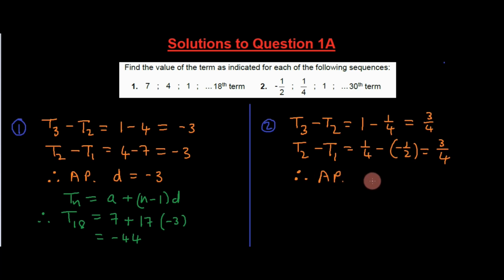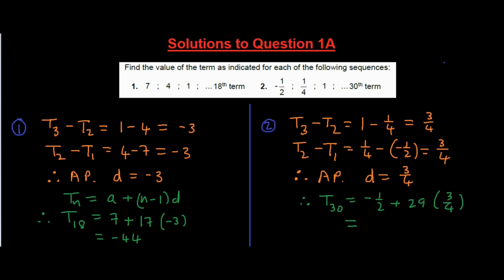And in this case, the common difference D is 3/4. We now use the formula T sub n again, and we want the 30th term, so we want T sub 30, which is A. In this case, A is -1/2, plus n minus 1, which is 30 minus 1, in other words 29, times D, which is 3/4.